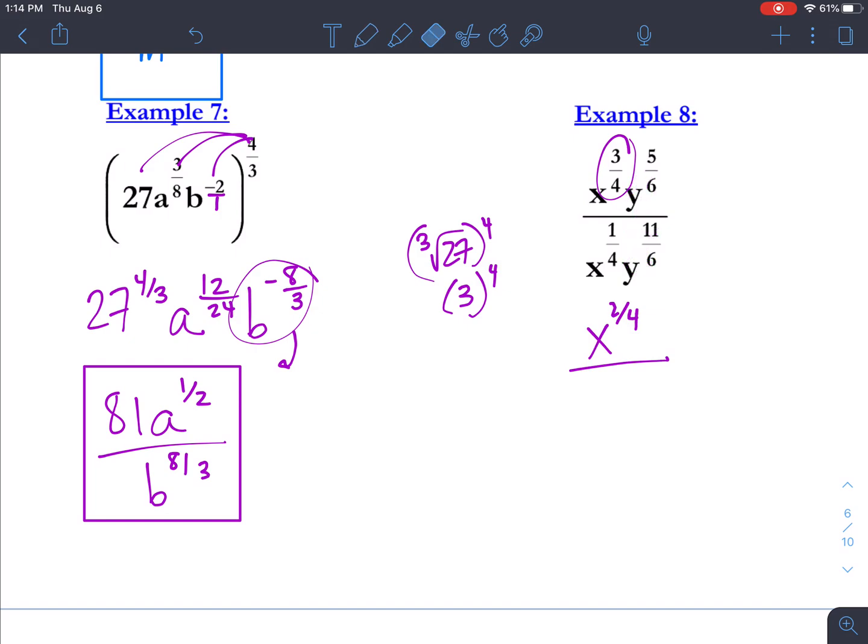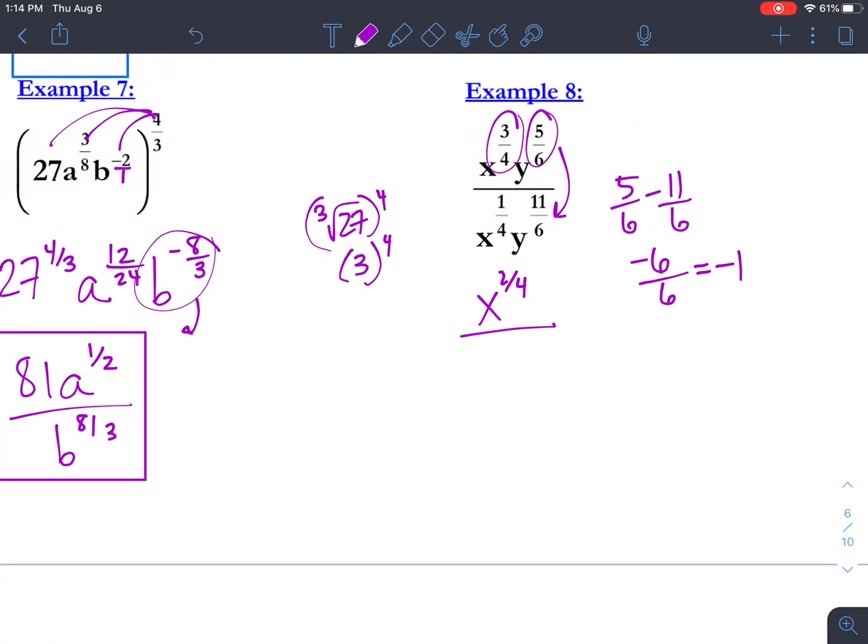I'll bring back my y's here. 5/6 minus 11/6 gives me negative 6/6, which is really just negative 1. Okay, and that being said, if I get negative 1 as an exponent, that just means it's y to the negative first, which means it's in the denominator. So it's really just y to the first.